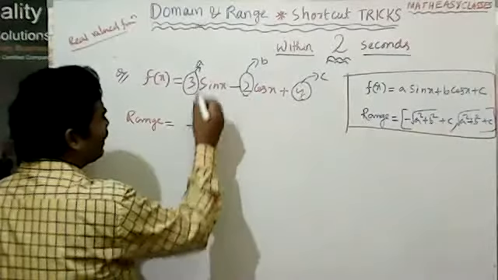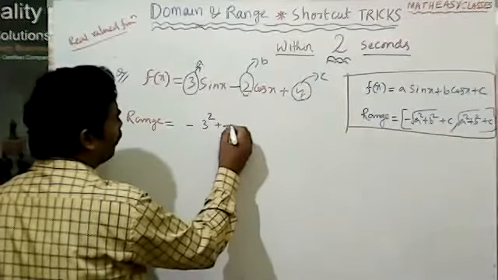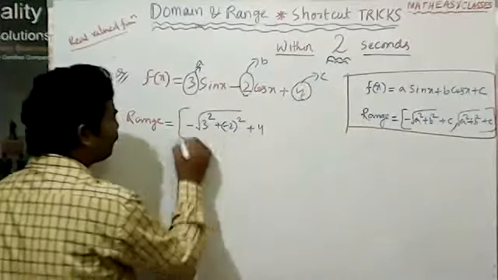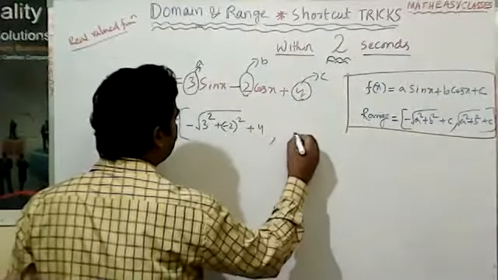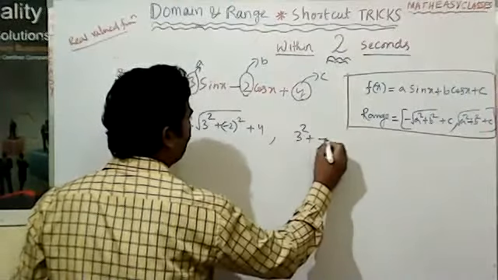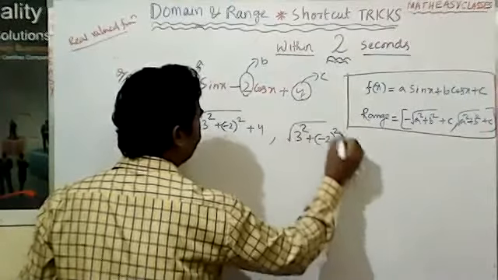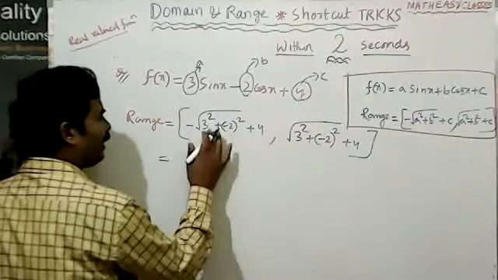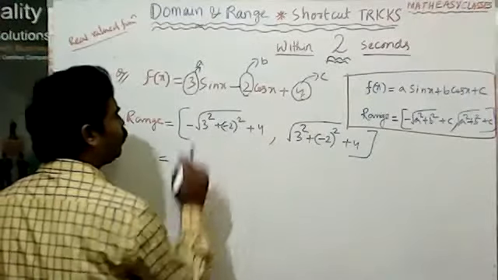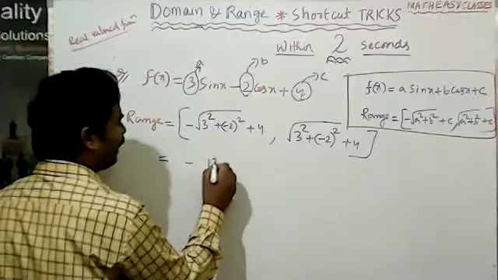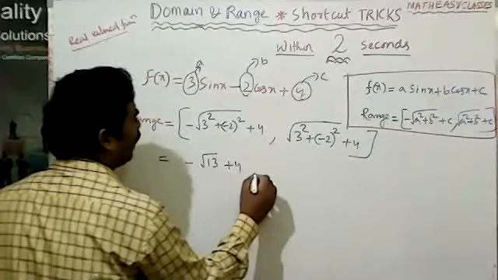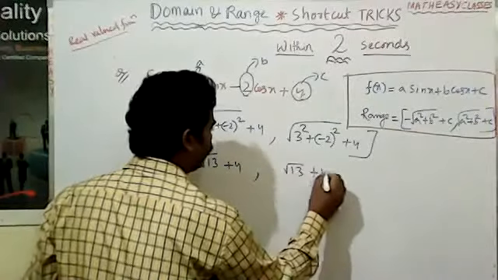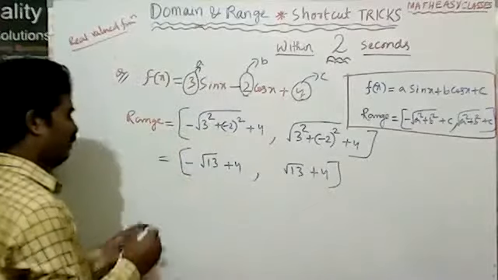So the range is from minus root of (3 square plus (minus 2) square) plus 4, comma, root of (3 square plus (minus 2) whole square) plus 4. This is the range, you can simply find it. That is 9 plus 4, which is 13, root of 13 plus 4, and similarly minus root 13 plus 4. This is the range.